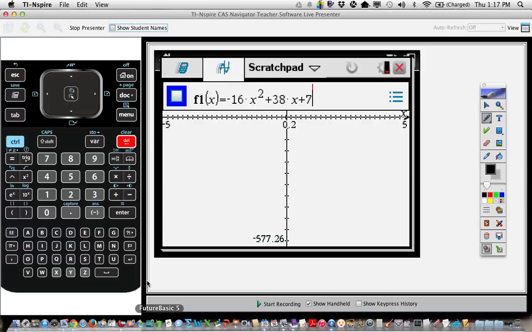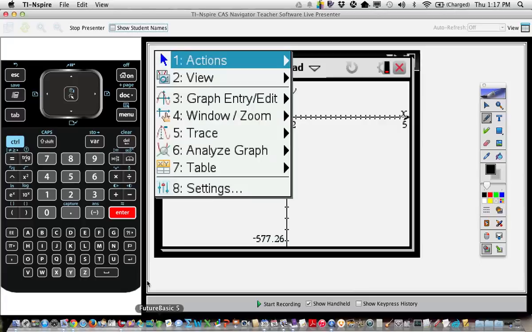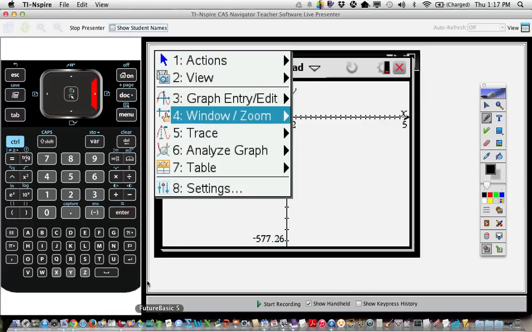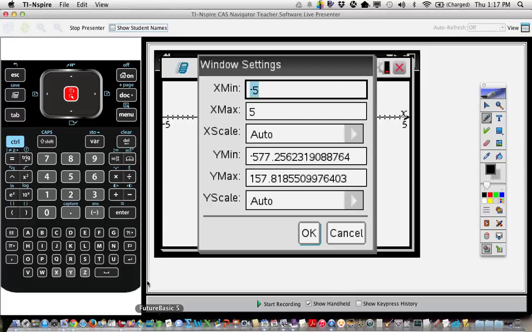There you go, delete that one. All right, and let's put in just x squared. Then let's go to our window settings. Negative 5 to 5 is fine, and for the y, let's go negative 1 to 4.